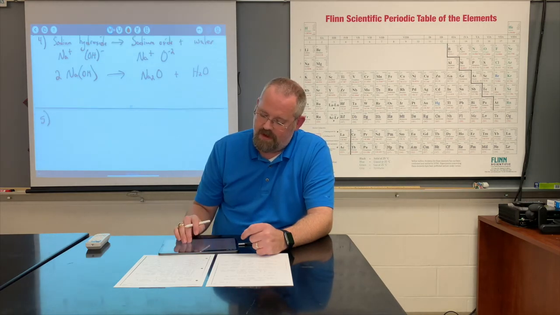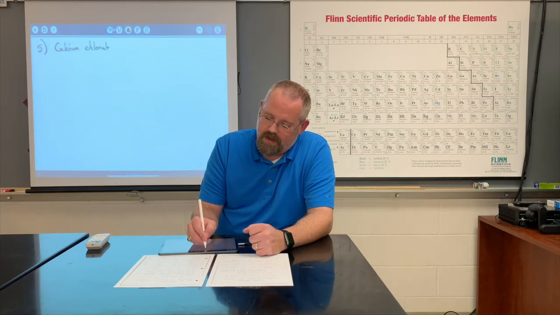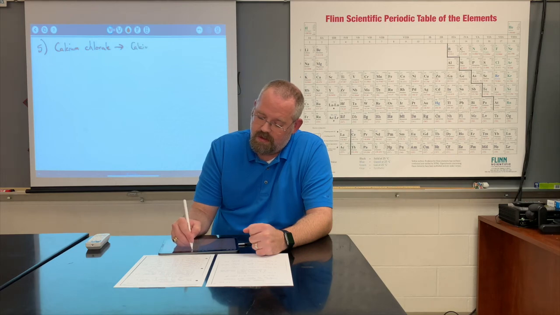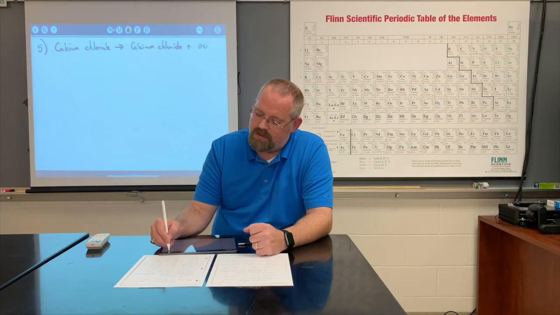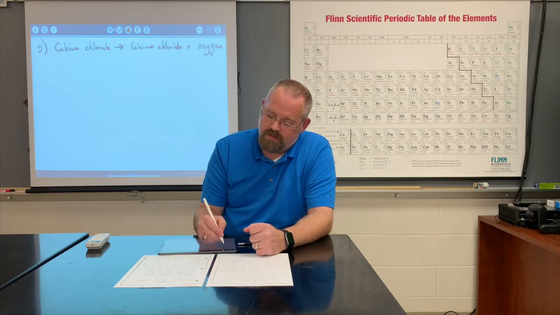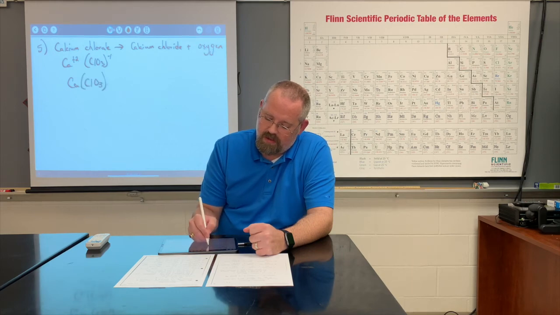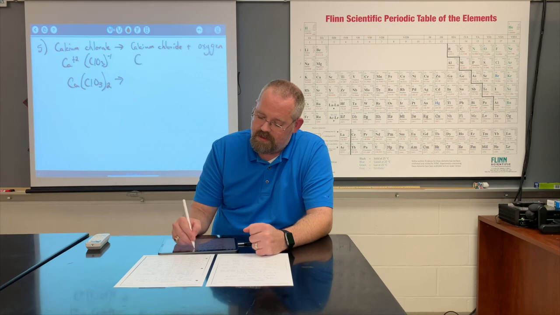All right, type 5, we're going to have calcium chlorate. Now a metal chlorate turns into a metal chloride, so calcium chloride plus oxygen. Calcium chlorate. Calcium is a +2. Chlorate, ClO3 -1. Put them together, Ca(ClO3)2 yields calcium chloride.